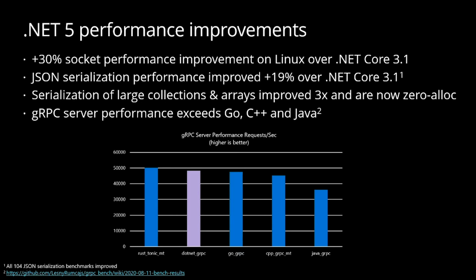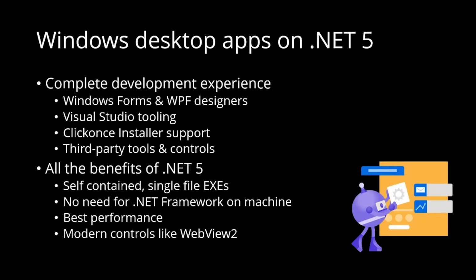And if you are a Go fan or a C++ fan, the gRPC server performance exceeds Go as measured by the community benchmark. You can explore these performance improvements on this wiki page, where they have listed all the improvements they worked on in the announcements.